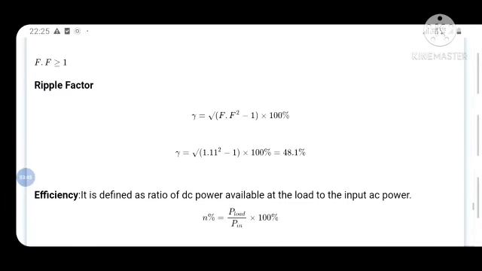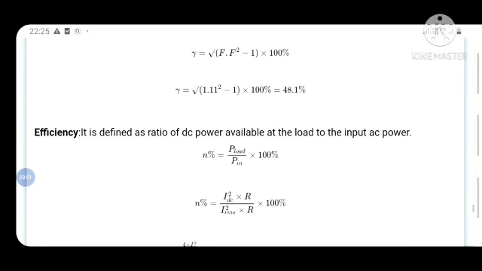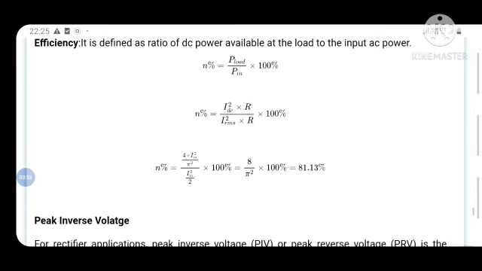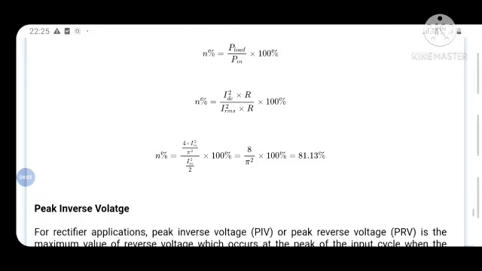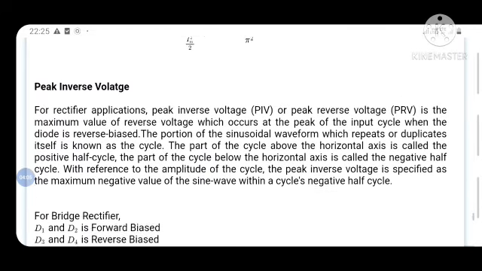Remember this equation. It is 48.1% for the bridge rectifier. Efficiency is 81.13%. Very important parameters. Peak inverse voltage, another very important parameter for the rectifier circuits.